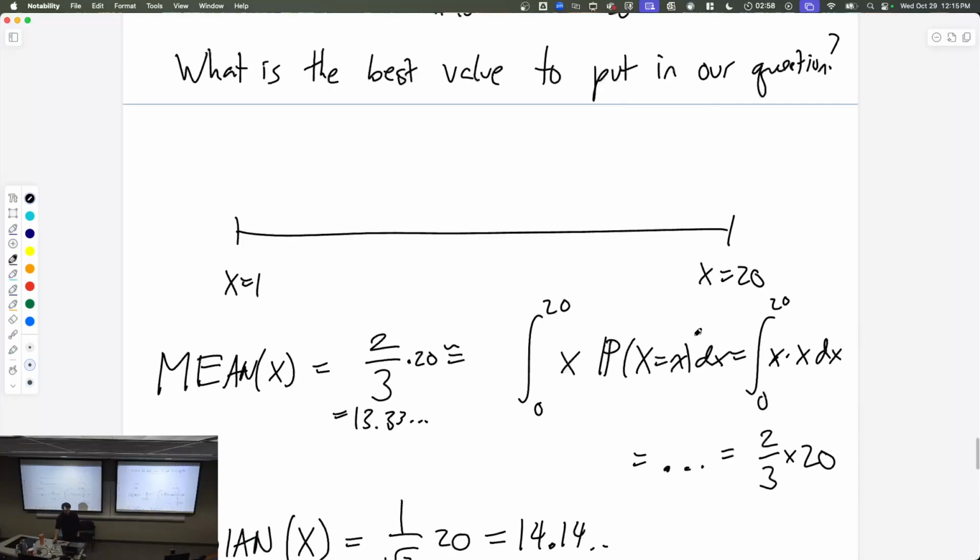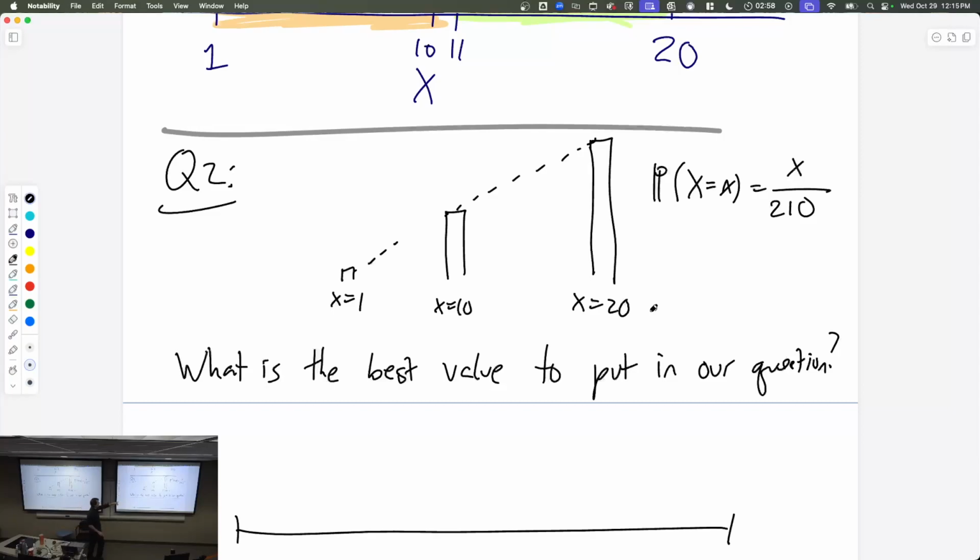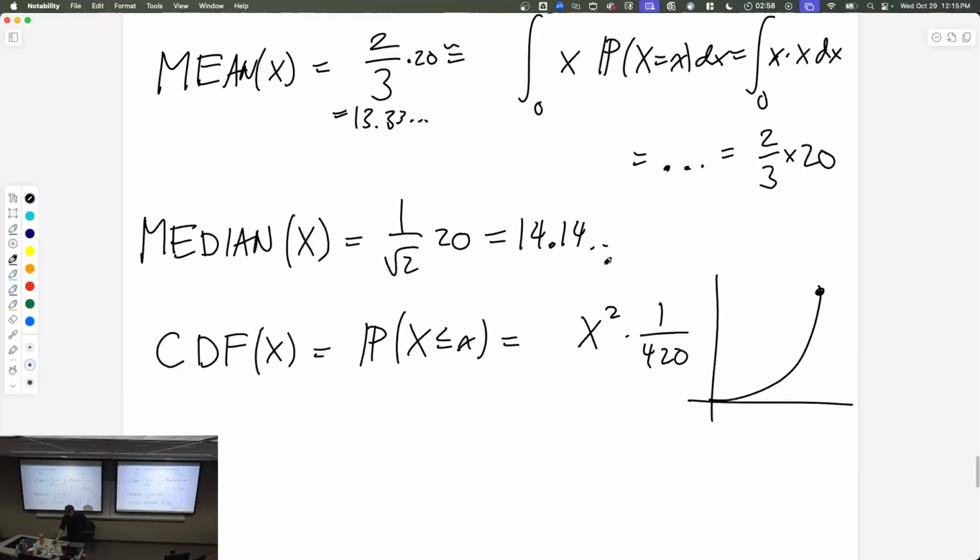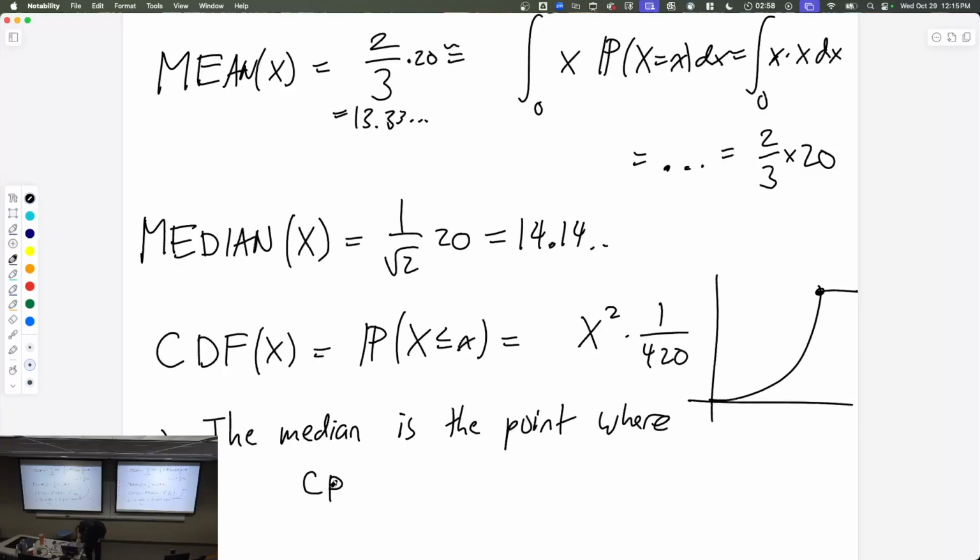If the probabilities grow linearly, then the cumulative probability is the sum of these things, or the integral of these things. It will grow quadratically, like x squared, and therefore the median is the point where the CDF equals a half.